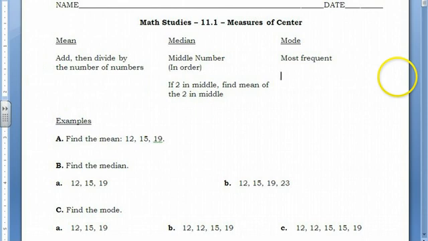You can have two modes if there are two numbers that appear the most frequently. That's called bimodal. So you can have one mode, two modes, or no modes. Be cautious though: if no number appears more than once, you don't say the mode is 0. 0 would imply that 0 shows up the most frequently. If there is no mode, you say none.